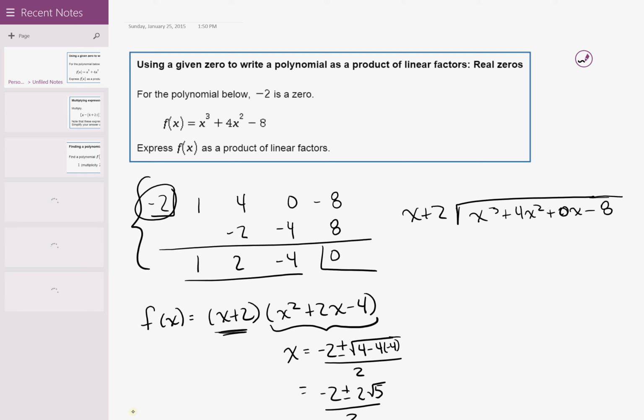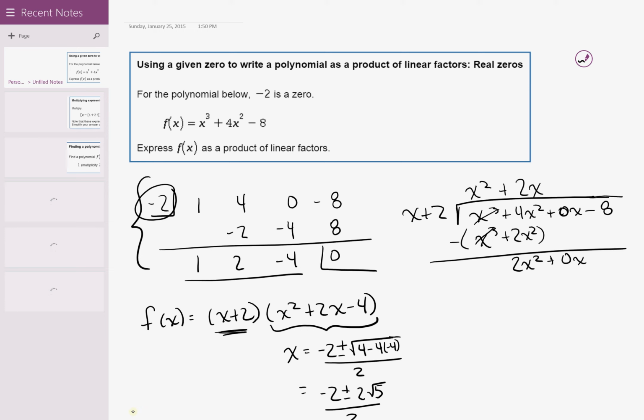Okay, so this is x squared, and then x cubed plus 2x squared, and subtract the whole thing. And those terms go away. This is 2x squared plus 0x. So this is plus 2x.